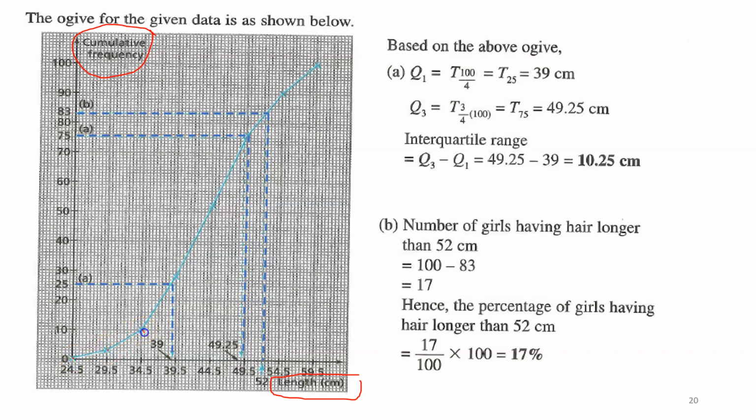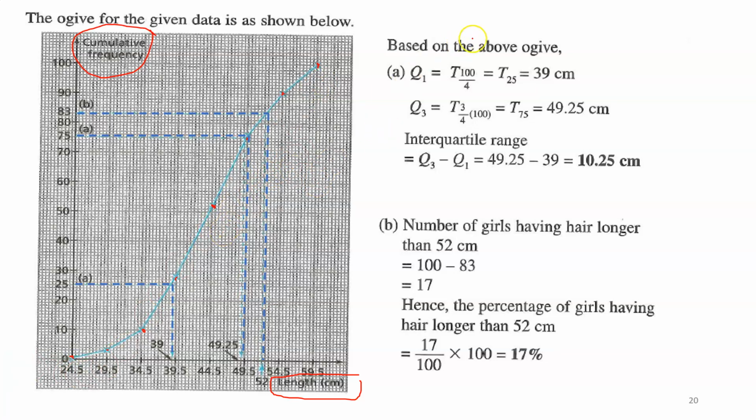Mark dekat sini, dekat sini lagi, sampai dekat sini. And then you smooth. Draw your OGIF smoothly, freehand. Okay. Connect the points sampai you dapat this curve.